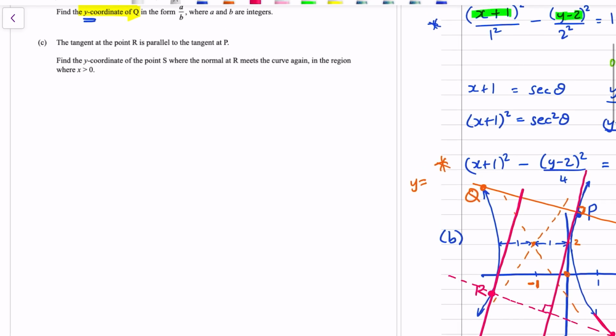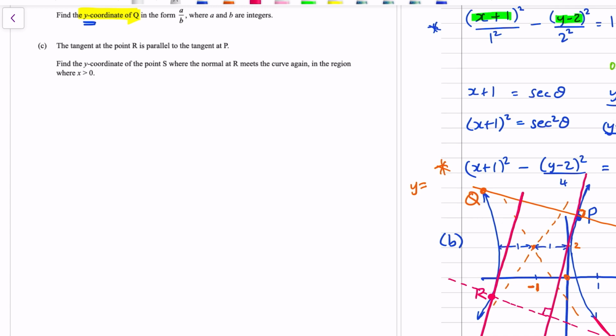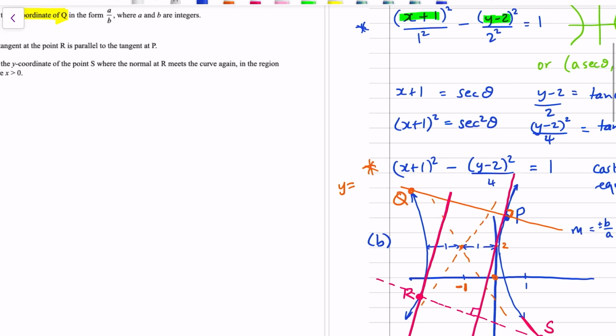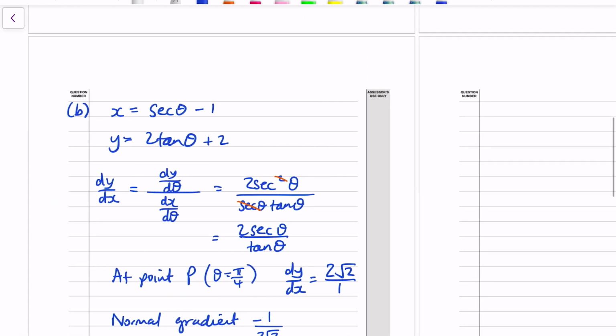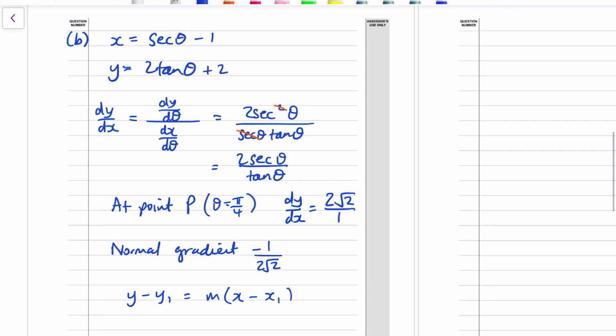If we were to do this using algebra and differentiation, we already know what the gradient is at the point P. We worked that out earlier. Therefore, that's the same as the gradient at the point R. So I would go down to this equation here for dy dx. The gradient at the point P is 2 root 2.